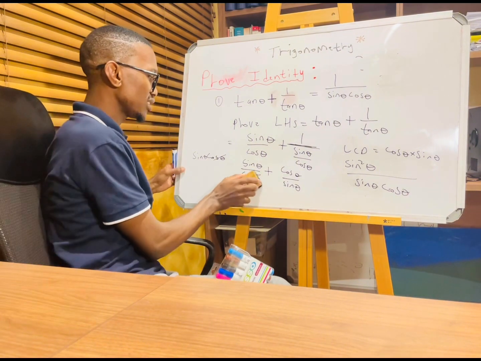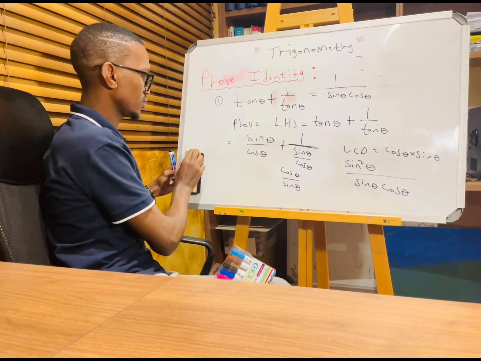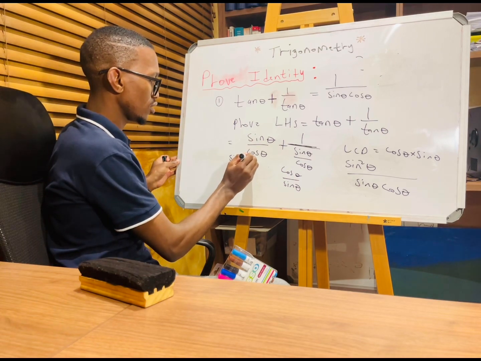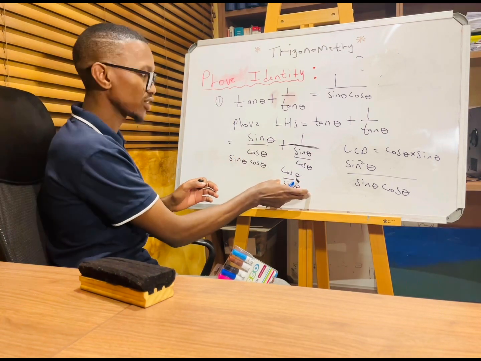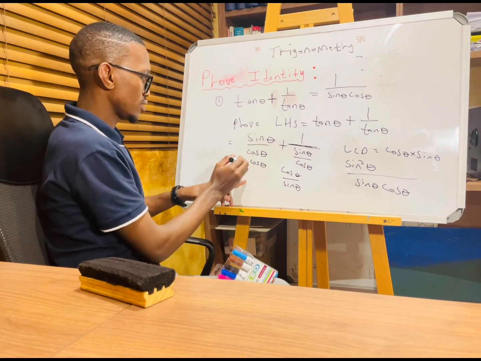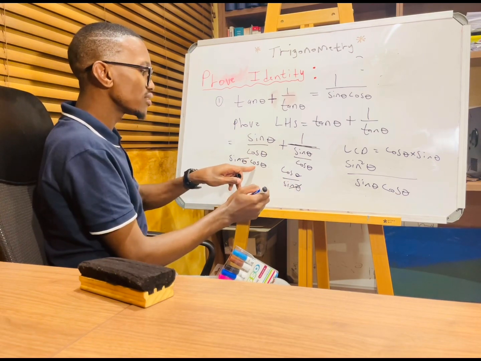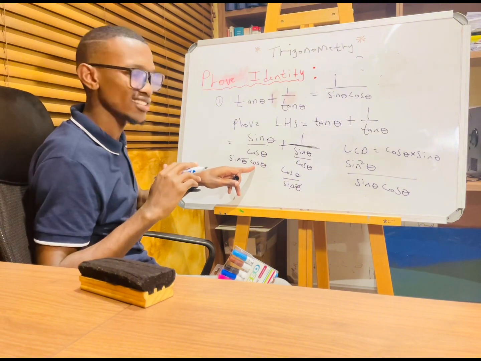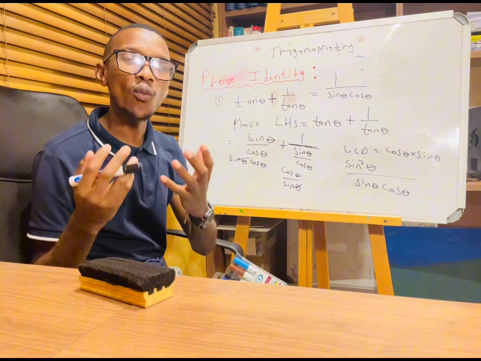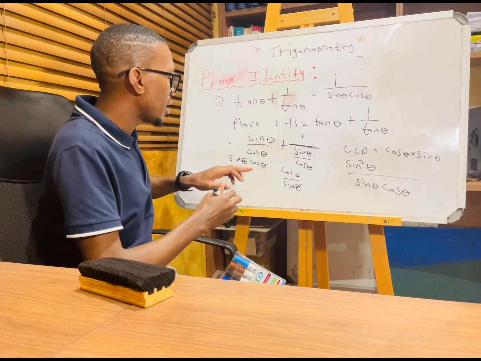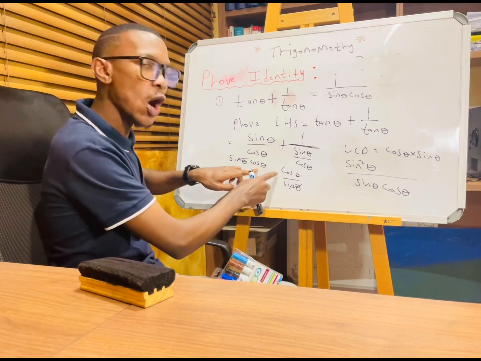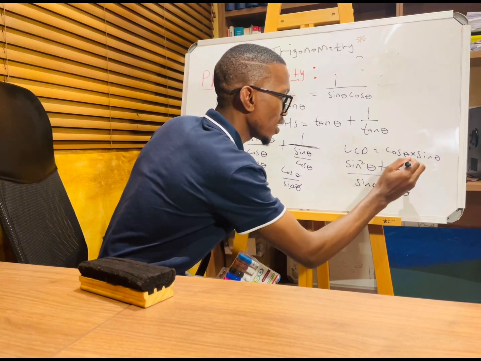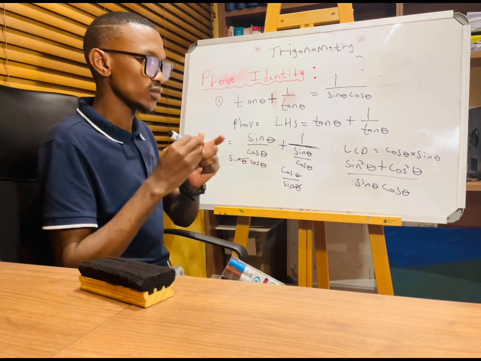Can I erase this part so that you can see? Then I'm going to say sine theta cos theta on this last fraction. Check. This goes with this. I'm left with what? Cos. I'm sorry, it happens sometimes. Let me just take it easy. Now I'm going to multiply cos theta times cos theta, and then I'm going to have what? Plus cos squared theta.